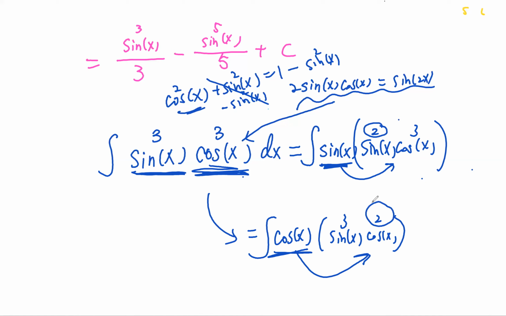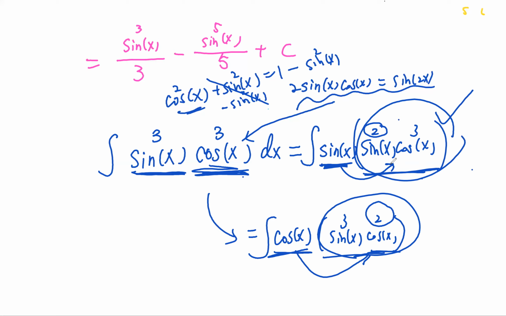So perfect, because sine squared can change to be 1 minus cosine squared. That's going to work. This is perfect too, because cosine squared can be converted into 1 minus sine squared. And the whole thing here will be sine, the whole thing here will be cosine. Now we pair with this, pair with this. That's no problem to solve. Perfect, done. Okay, any questions so far?